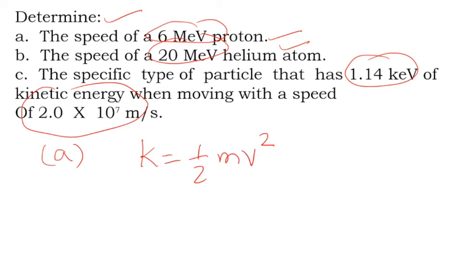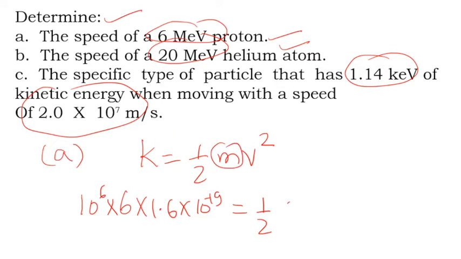Okay, so simply put this as 6 into 1.6 into 10 to the power minus 19, and this is mega, so you multiply by 10 to the power 6, and this is 1 electron volt. We know the mass of proton is 1.67 into 10 to the power minus 27 kg, and v square.